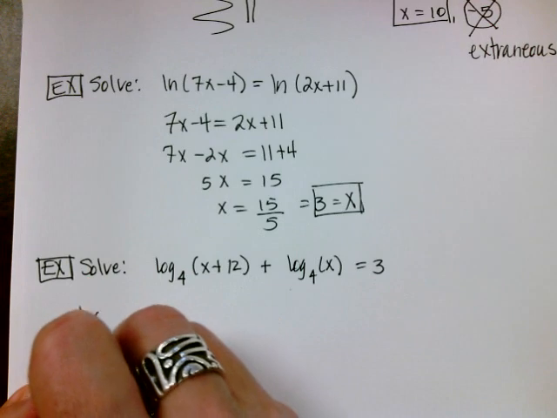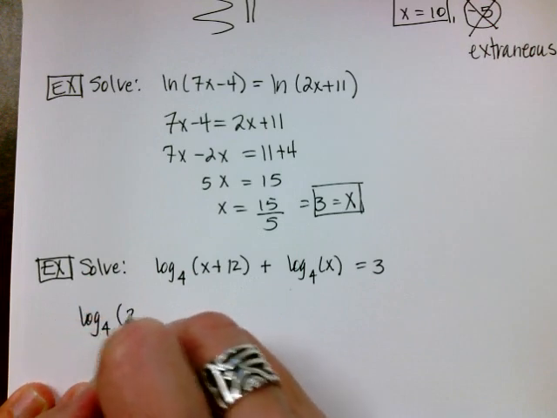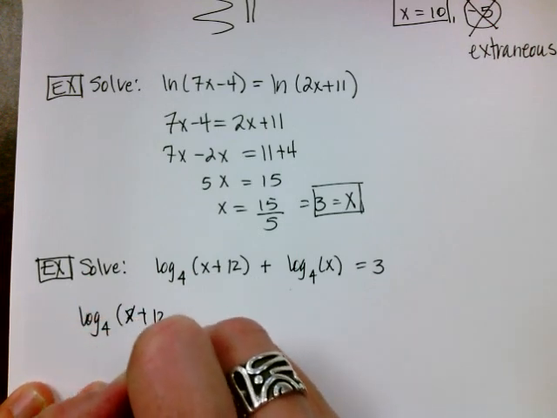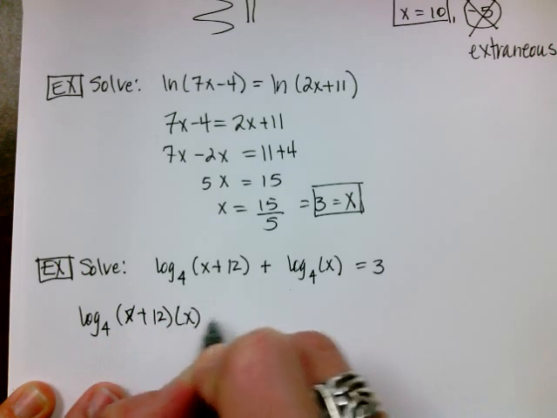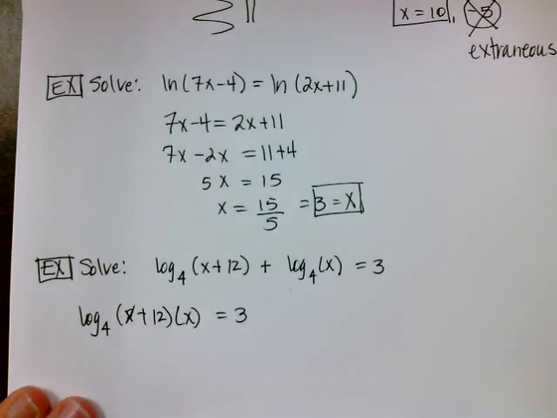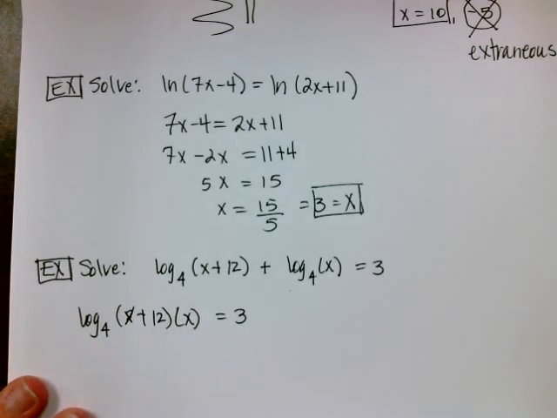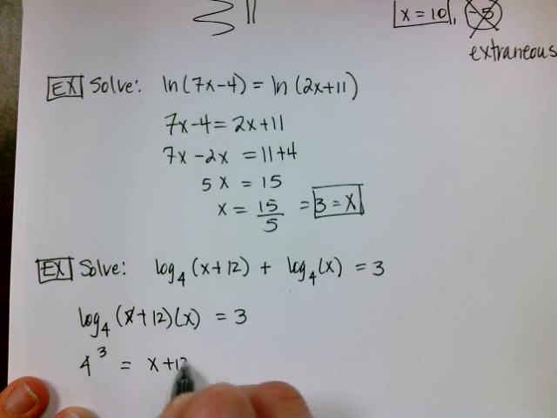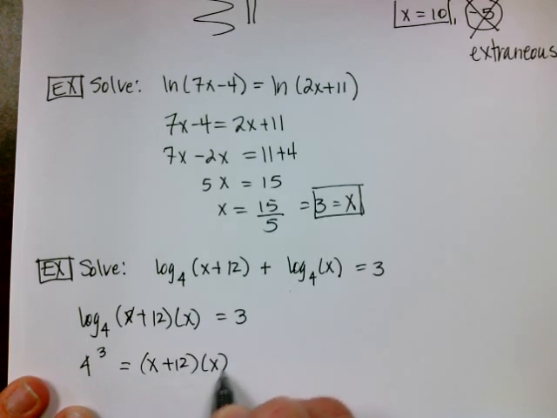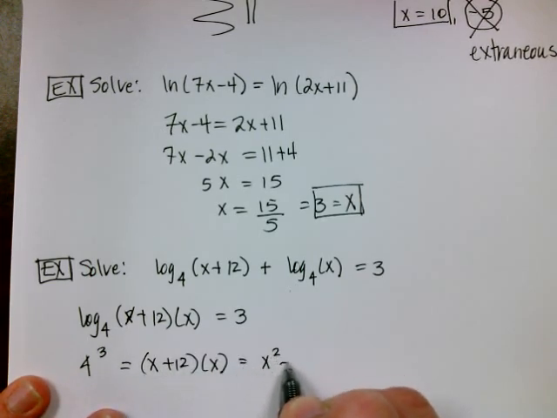So it's going to become the log base 4 of x plus 12 times x is equal to 3. And I'm not going to expand this yet. So now I'm going to go back to exponent form, so I'm going to say 4 to the third is equal to x plus 12 times x, which is equal to x squared plus 12x.